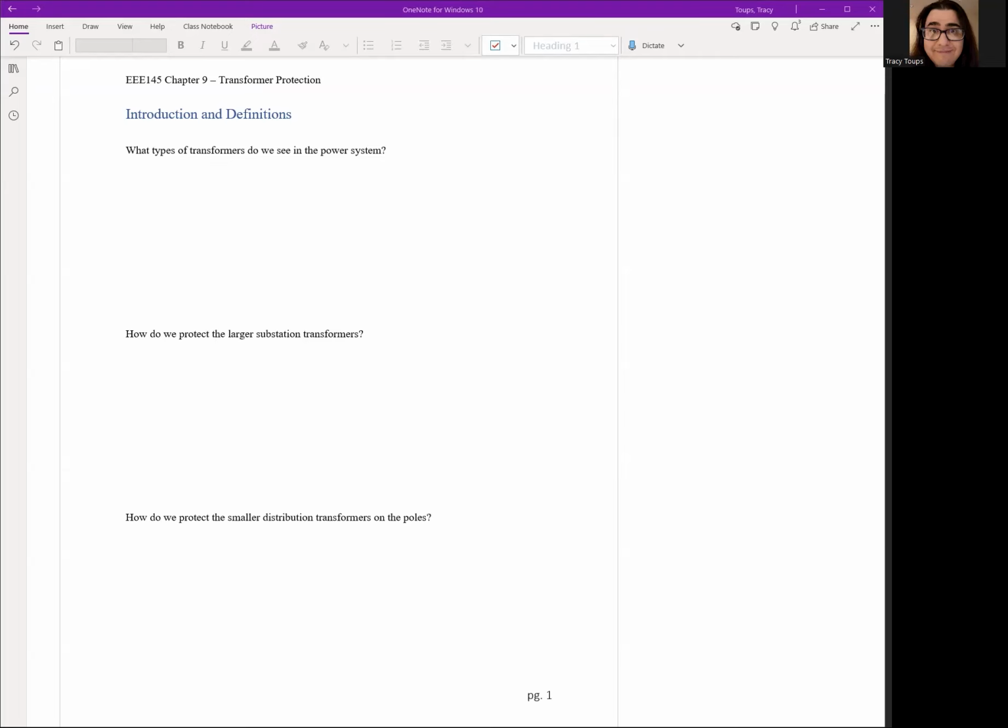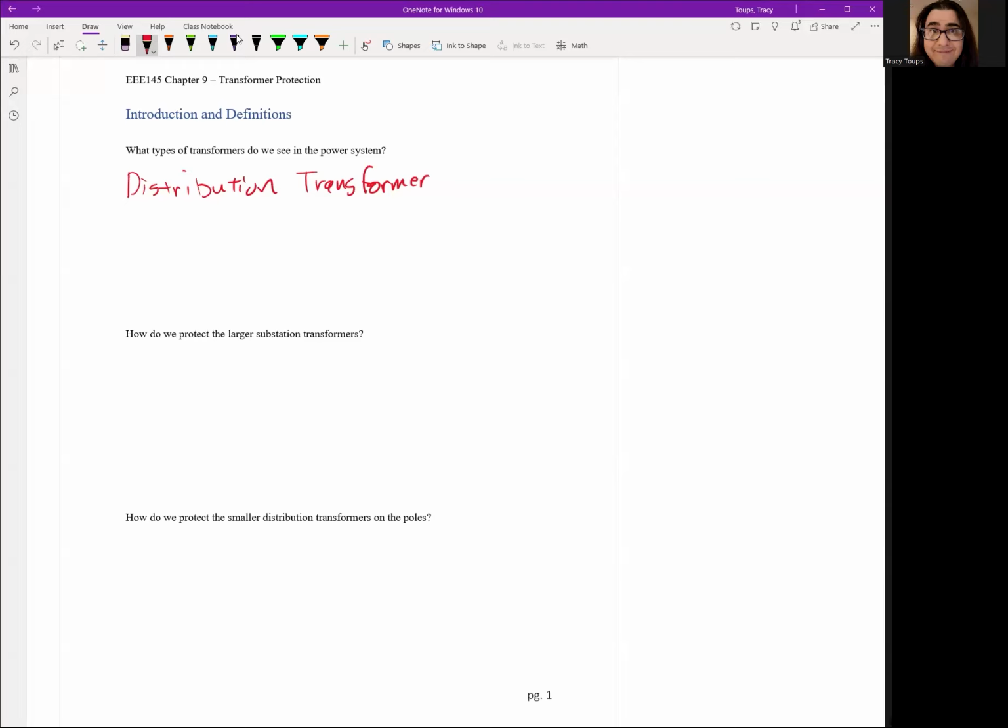So first off, what types of transformers do we typically see in the power system? Well, probably the most numerous ones are distribution transformers. These range from the small transformers on the poles you see outside your house to the green boxes called pad mounting transformers in front of the street.